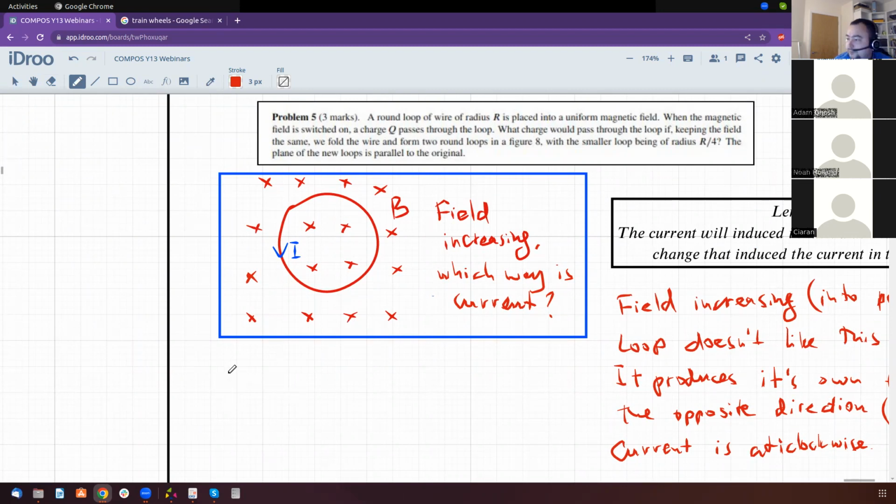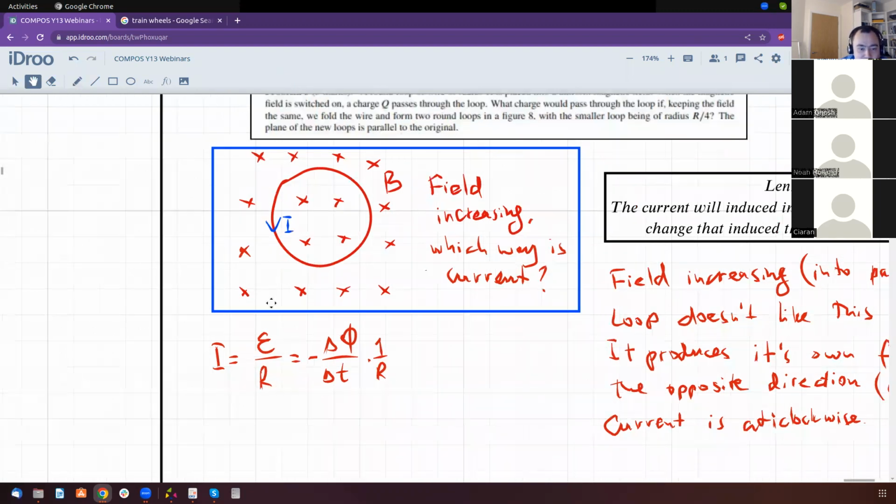And here we have the current, which is EMF divided by the resistance, which is equal to change in flux over change in time. Now the direction doesn't really matter here. Change in flux over change in time multiplied by 1 over R.